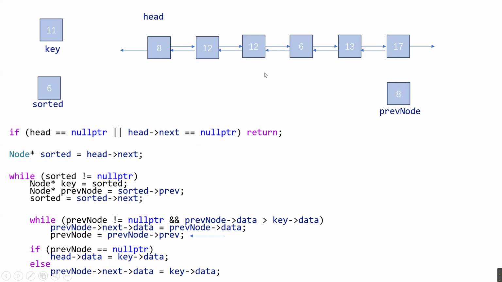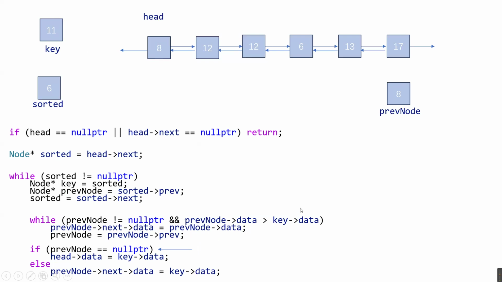That means we traverse from the last one to the head one, one by one, until the previous node is less than the key, the current time step's element. So we set the previous node to the previous node's previous, which is the 8.